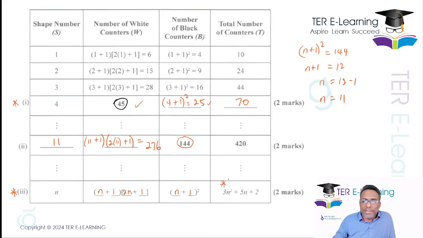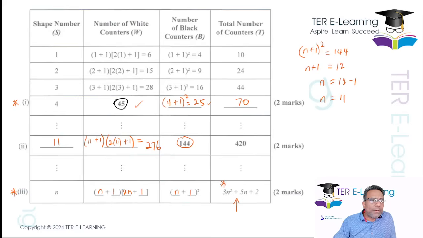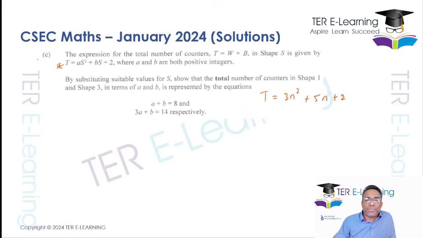Alright, so this is our formula here for the total number of counters: 3n squared plus 5n plus 2. So the total is given by 3n squared plus 5n plus 2. Now let's see what they're saying here.